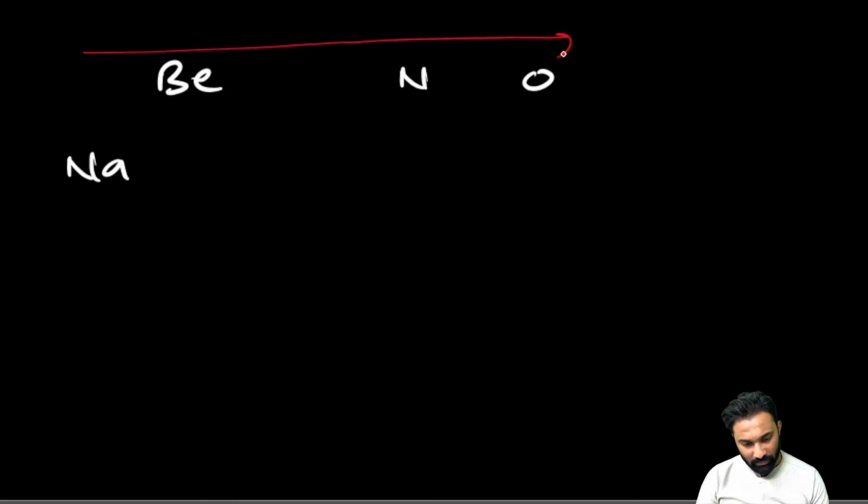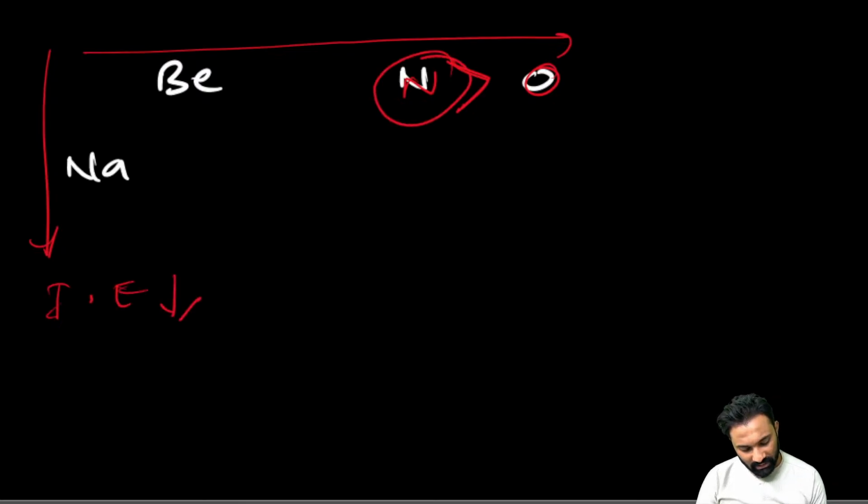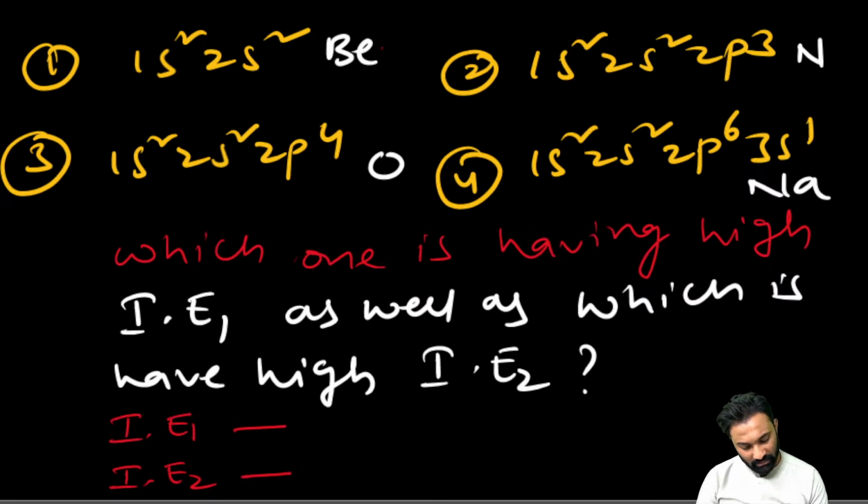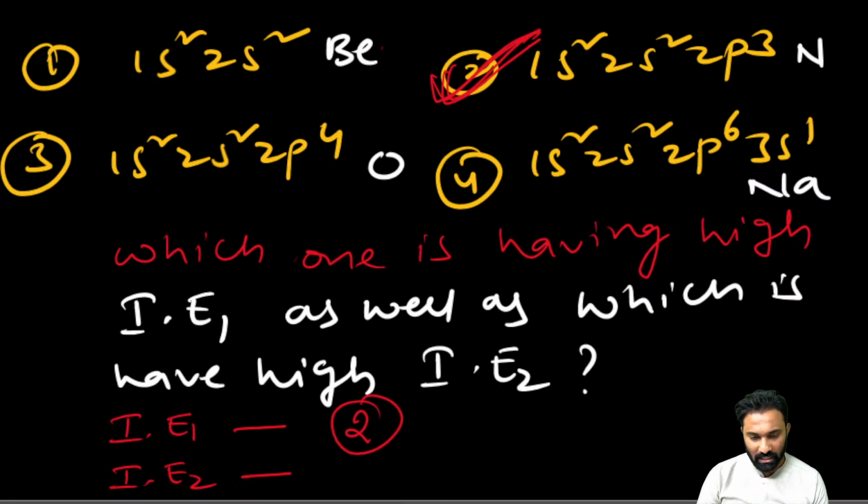Top to bottom, oxygen and nitrogen have a higher ionization energy, but for sodium, top to bottom, ionization energy decreases. So nitrogen is having the first IE. Option number 2 for the IE1.